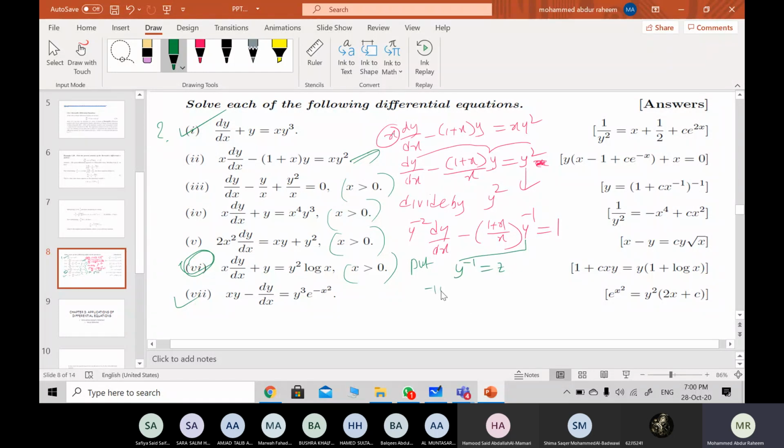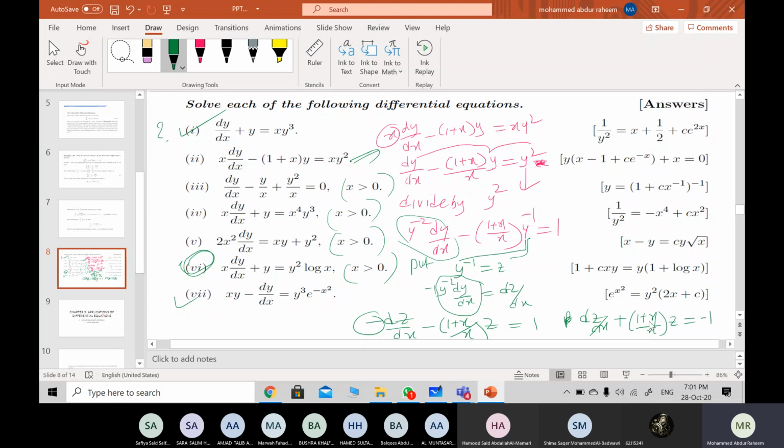If we differentiate, we get minus dz over dx minus, this will be z. This minus should not be there, so if we multiply, now p is this.